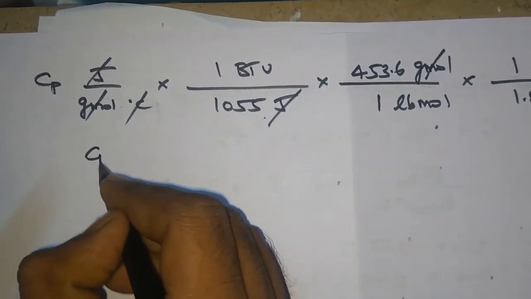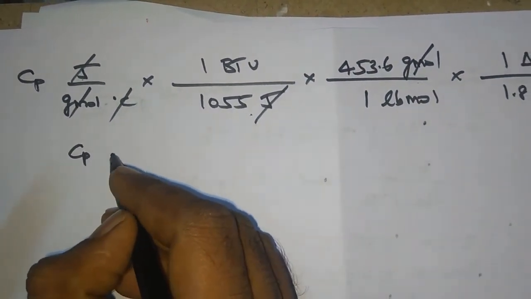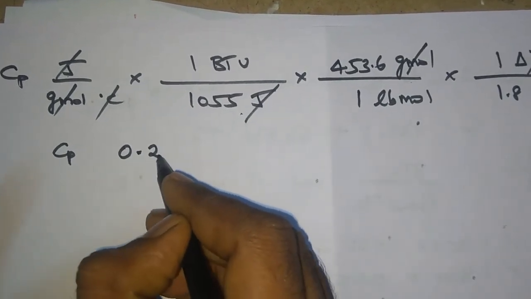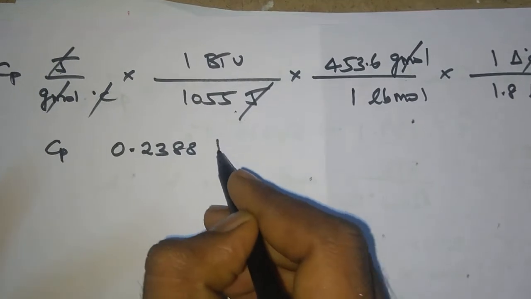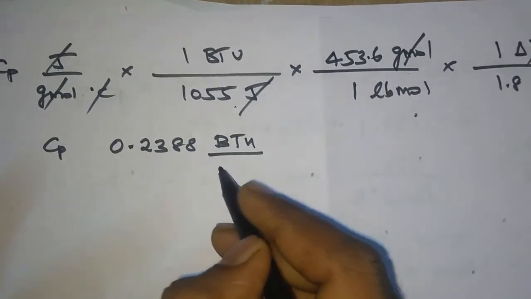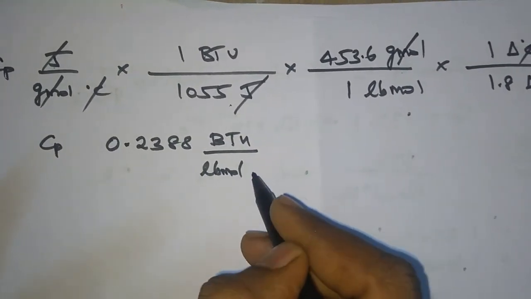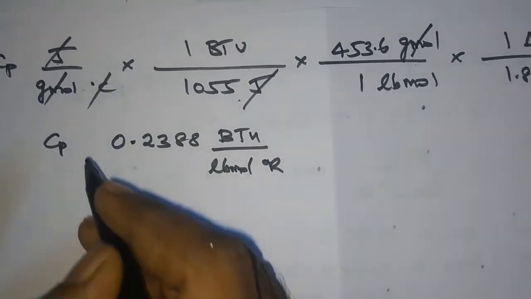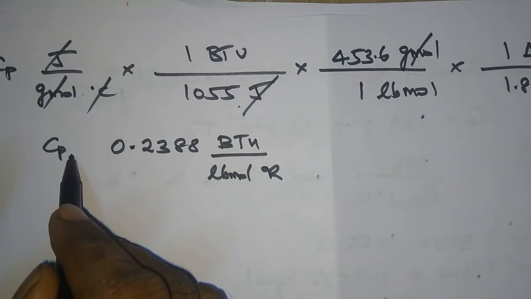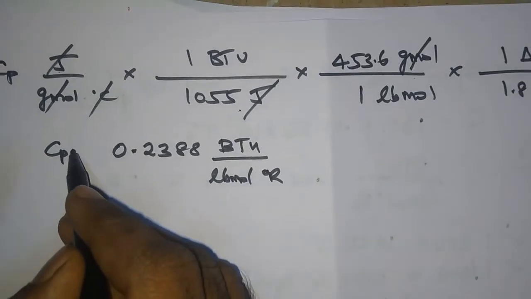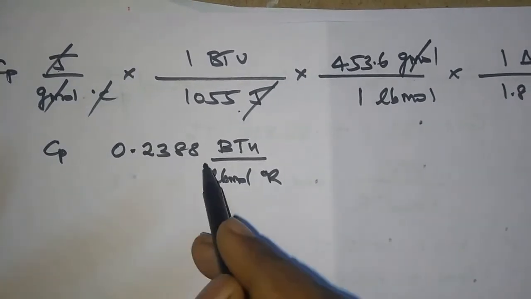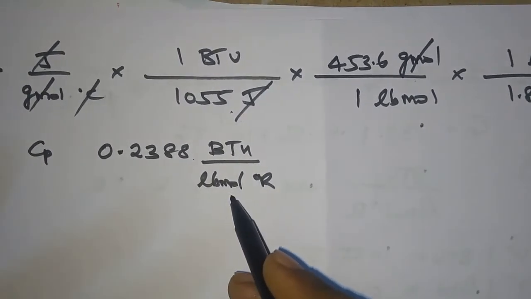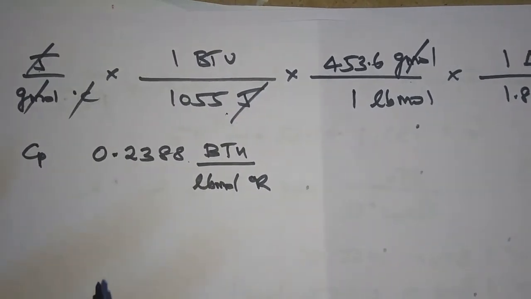What we have is Cp in 0.2388 British thermal units per pound mole degree Rankine. So when we multiply the given Cp value in SI units by 0.2388, we get Cp in BTU per pound mole degree Rankine.